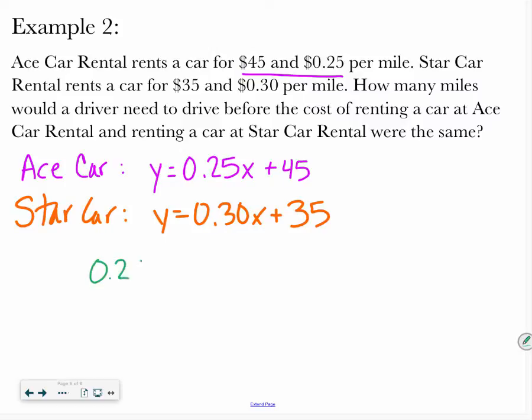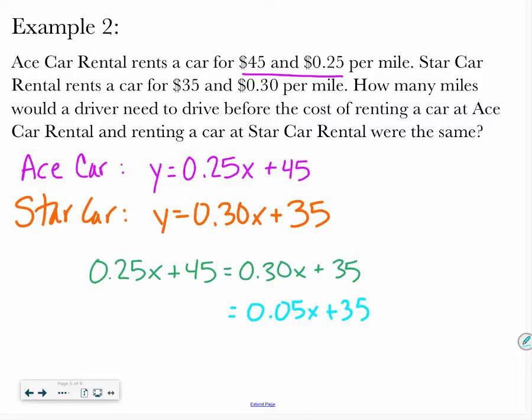So we have 0.25x plus 45 equals 0.30x plus 35. If we subtract 0.25x from both sides, I have 0.05x plus 35 on the right-hand side and 45 on the other. If I keep going from there, I subtract 35 from both sides, I have 10 equals 0.05x.